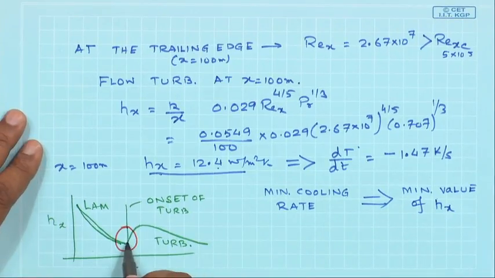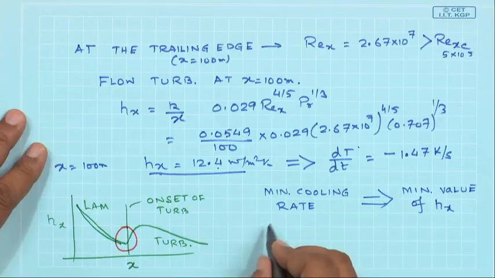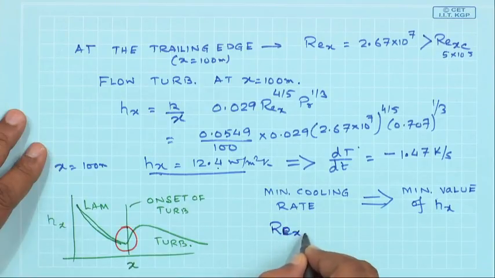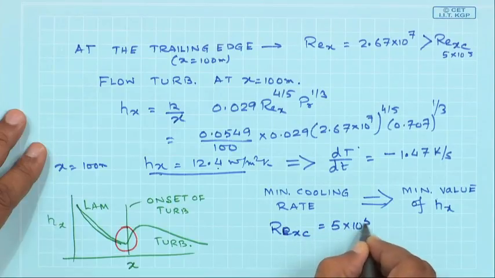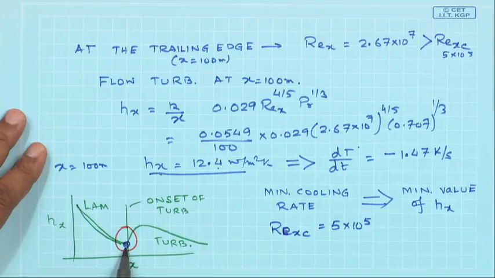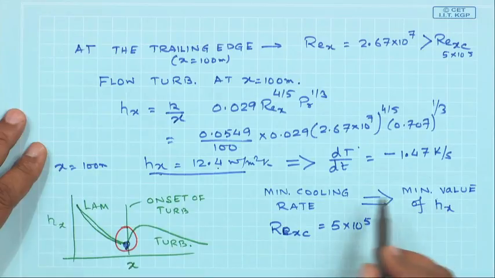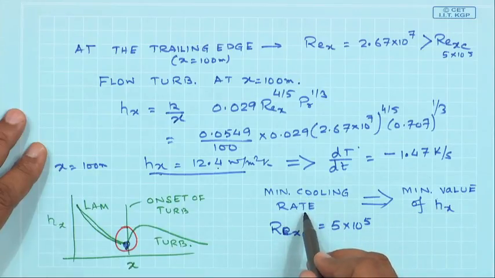So, just before the transition, that means for a Reynolds number Re_xc equal to 5 into 10 to the power 5, this is the point of transition. This is the one which is going to give rise to the minimum value of heat transfer coefficient, and therefore, it is going to give us the minimum cooling rate.